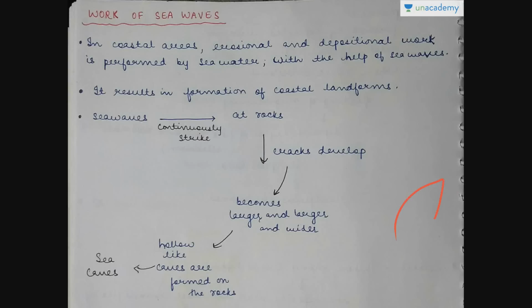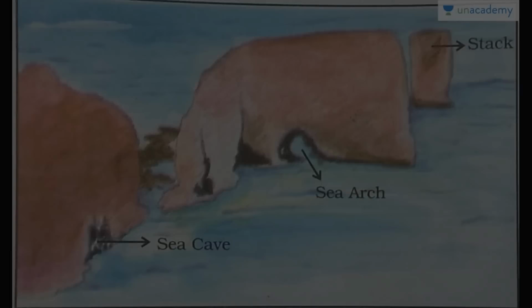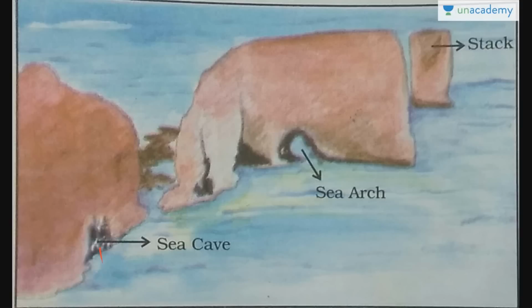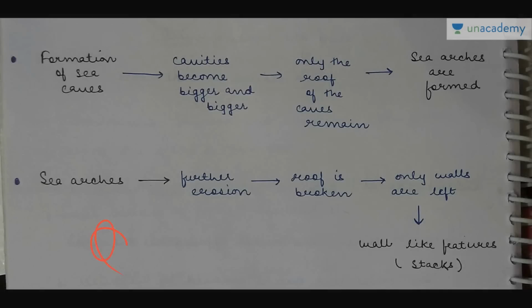It will gradually get eroded, cracks will develop and become larger and wider, and caves will be formed on these rocks. These are known as the sea caves. So we'll just see here: this is the rock, sea waves are hitting it, and a cave is formed here.